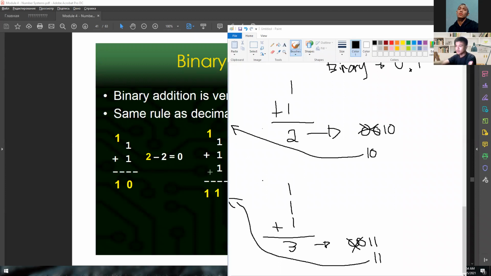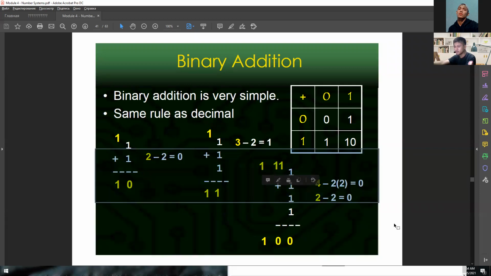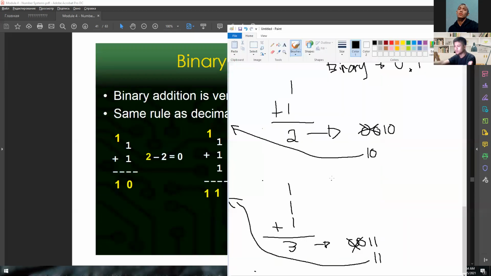So from here we have 1 plus 1 is 10, 1 plus 1 plus 1 is 11, and 1 plus 1 plus 1 plus 1 is 100. Going back to the binary conversion, 1 plus 1 plus 1 plus 1 is 4, but in binary the value is 0, 1, 0, 0, and you can remove the leading zeros to get 100.